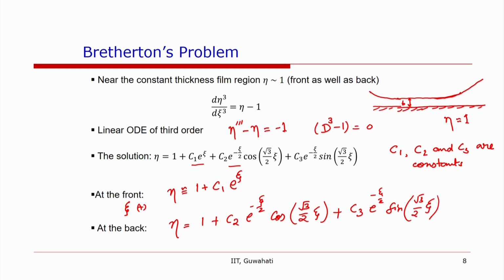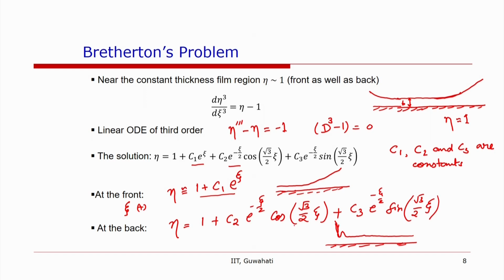So by the nature of the equation, one can see from this equation that the interface at the front will be increasing exponentially away from the constant film thickness region, whereas at the back there are some undulations in the film before the film becomes of constant thickness.